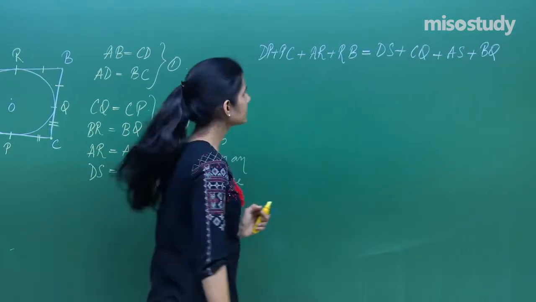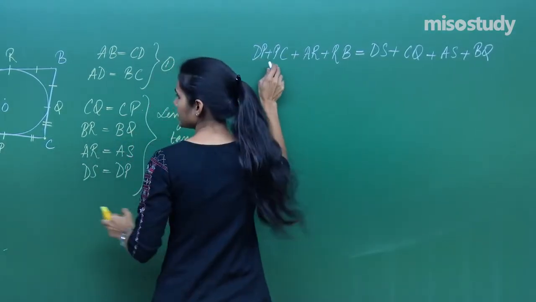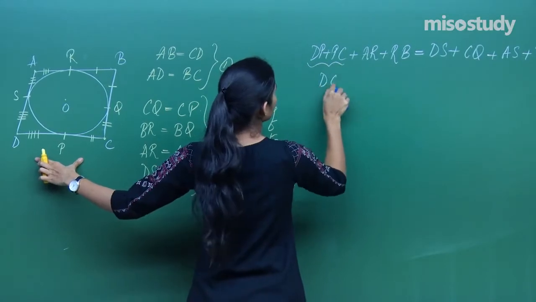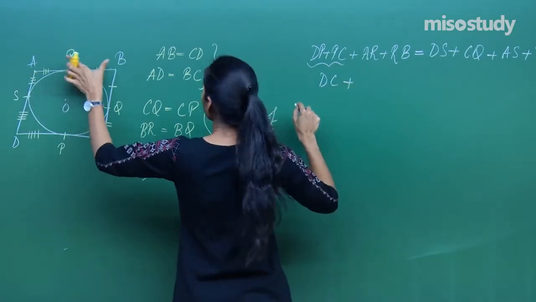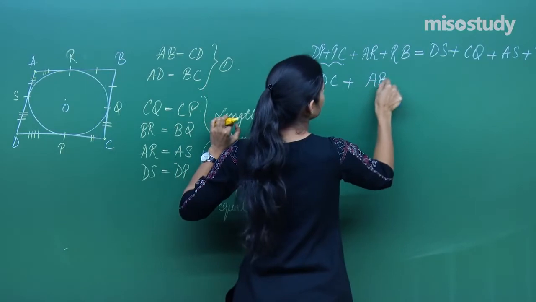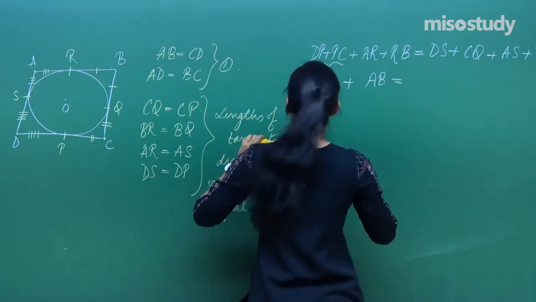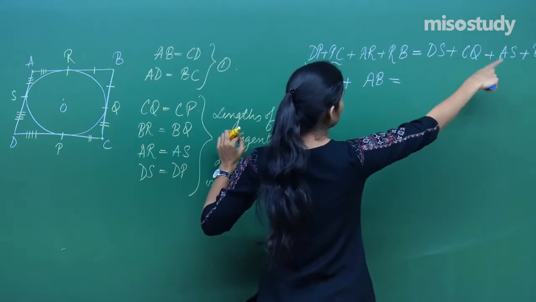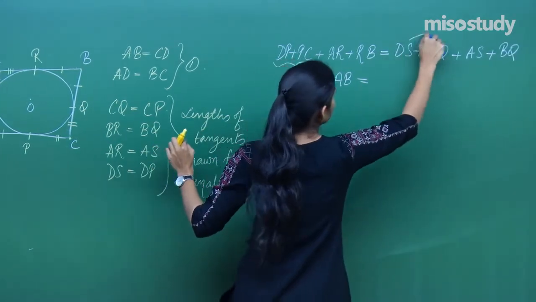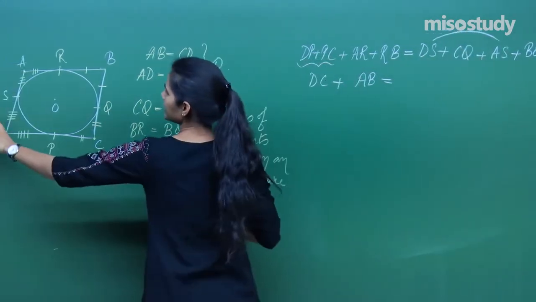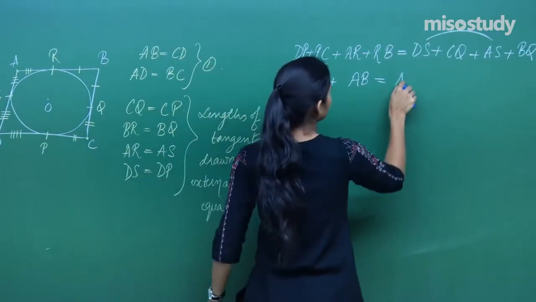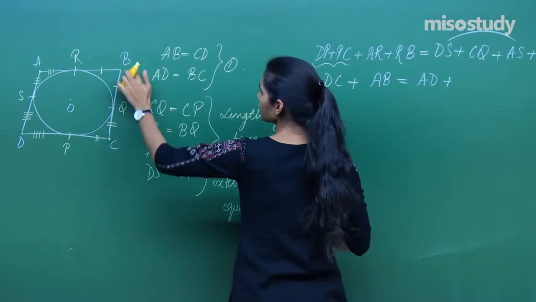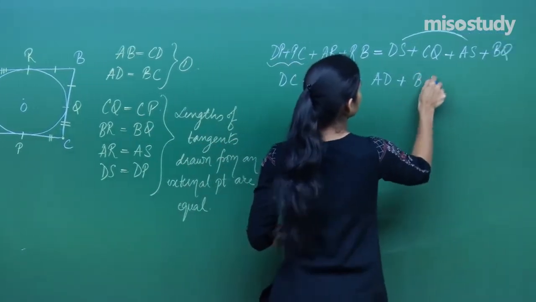This you will be getting. DP plus PC is DC, AR plus RB is AB. So DC plus AB equals DS plus CQ plus AS plus BQ. DS plus AS is DA or AD, and CQ plus QB is BC.